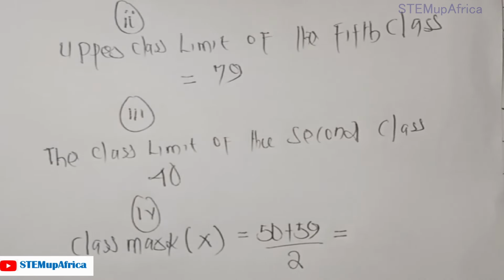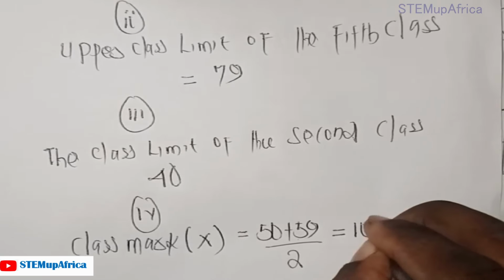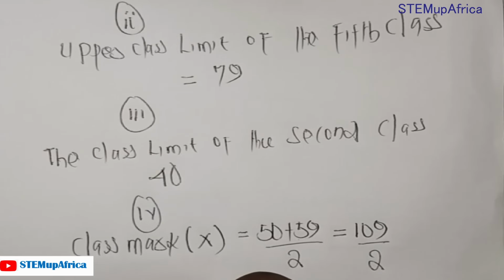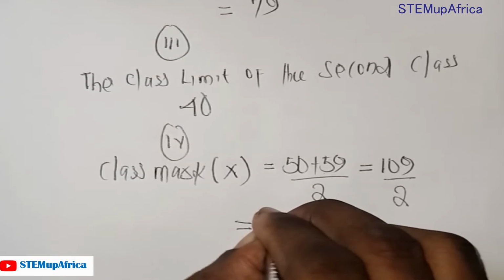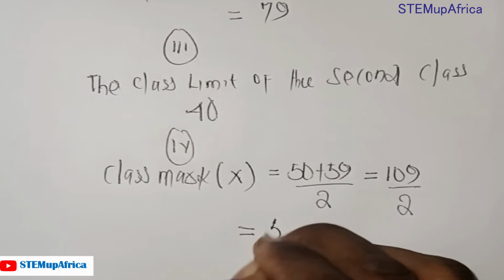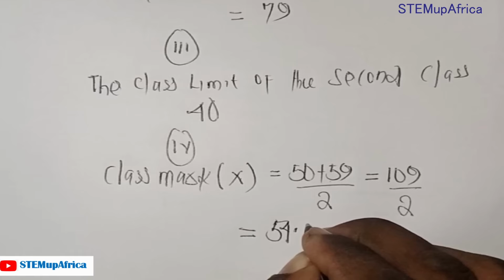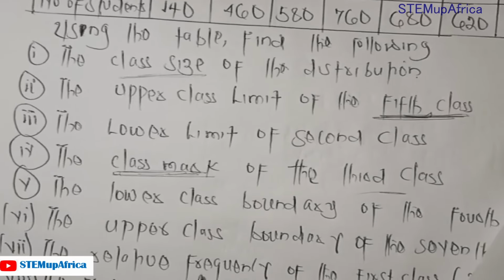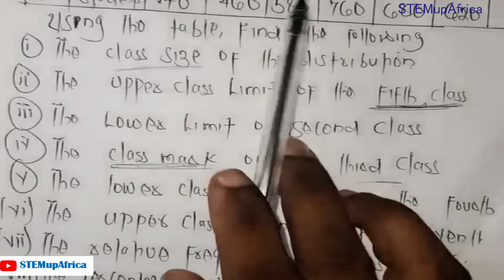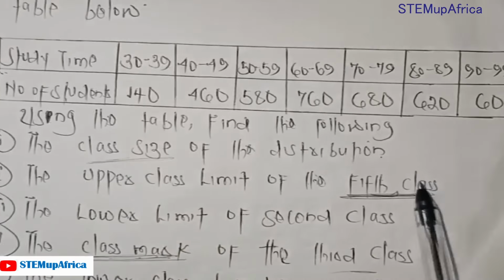If we add up, that gives 109 divided by 2, which is 54.5. So this is the class mark of the third class, which is 50 to 59.